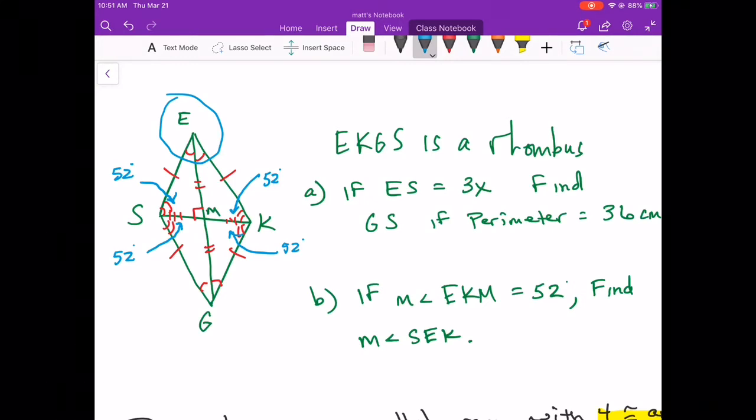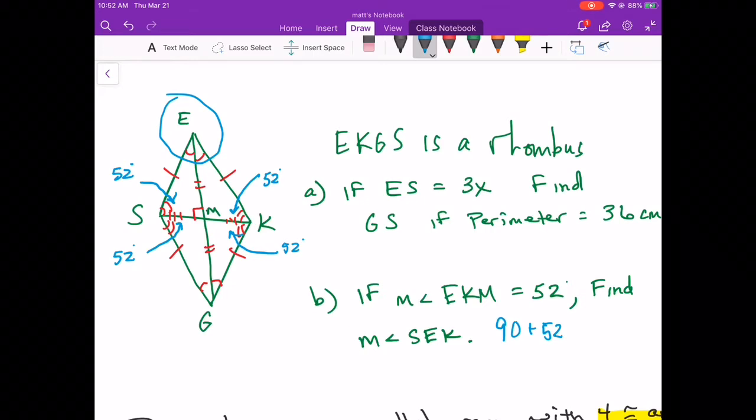And we know 2 of the angles of that triangle. The angles of a triangle add up to 180 degrees. So right now we know that one of the angles is 90. That's this one in the middle where the diagonals intersect and are perpendicular. We know that that angle that we just labeled is 52 degrees.